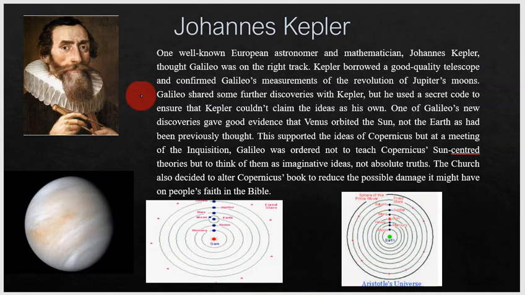And this supported the idea of Copernicus, but at a meeting of the Inquisition, Galileo was ordered not to teach Copernicus's sun-centered theories, but to think of them as imaginative ideas, not absolute truths. The church also decided to alter Copernicus's book to reduce the possible damage it might have on people's faith in the Bible.